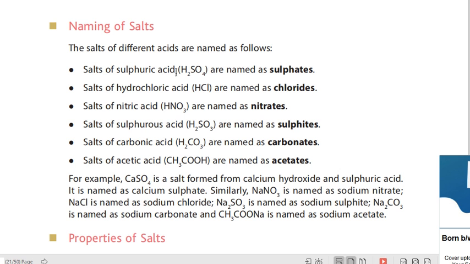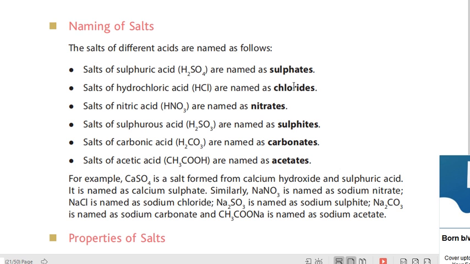We know that acid and base combine to form salt and water. So the surname of the salt is based on the acid. For example, if sulfuric acid reacts with calcium hydroxide, it will form a salt and it will be named calcium sulfate.